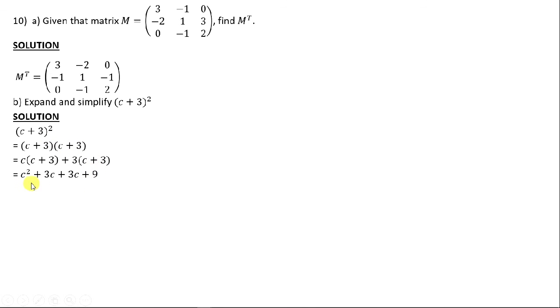If you simplify 3c plus 3c, these are like terms, so they can be simplified. We get c squared plus 6c plus 9. Those cannot be simplified further, so we'll leave them like that.